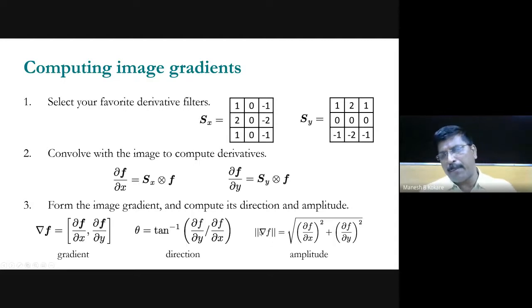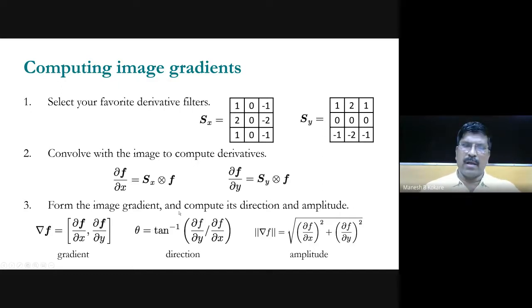For finding the amplitude, you take the magnitude: you know how to calculate the magnitude, square root of dou f by dou x squared plus dou f by dou y squared. For all the pixels, whatever coefficients you get, you take the square and add them, at the location of dou f by dou x and dou f by dou y, for all the coefficients, and then you get the amplitude or magnitude image.